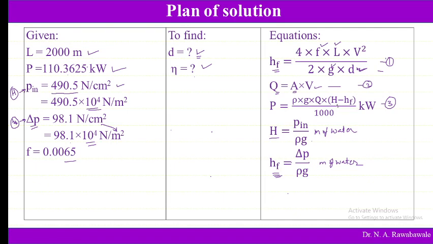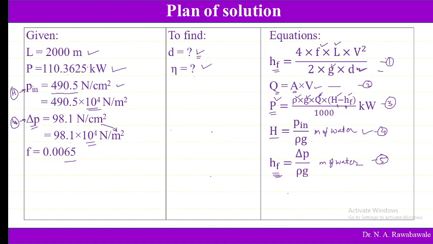So H and HF we have already obtained using equation number 4 and 5. So using equation number 4 and 5, we have converted this pressure in terms of meters of water. Then power is given in this problem. So power is known, rho is known, g is known, Q is known in terms of diameter, H is known, and HF is known. So only diameter will be unknown, which we can obtain.